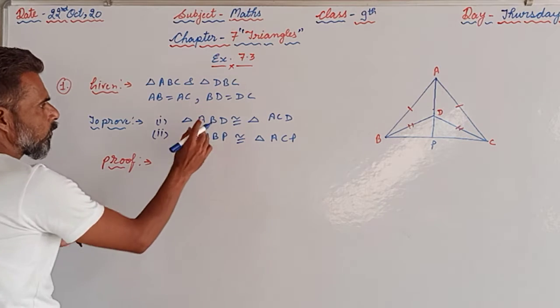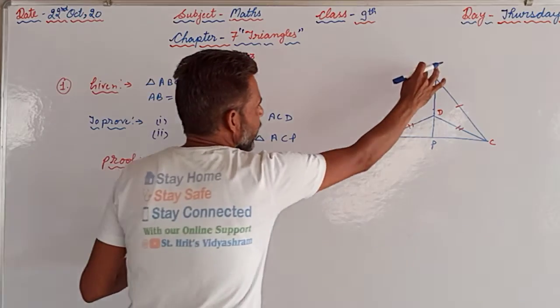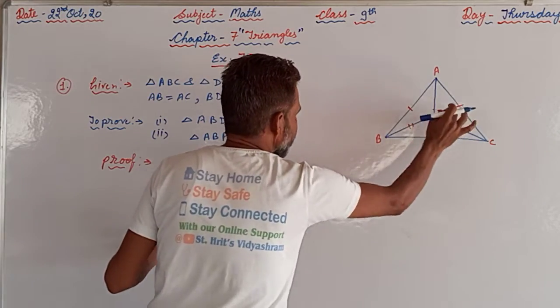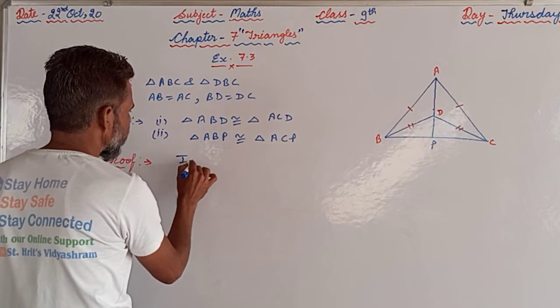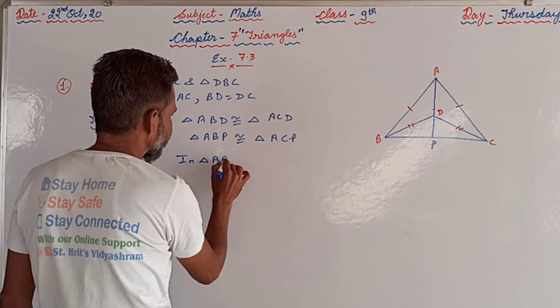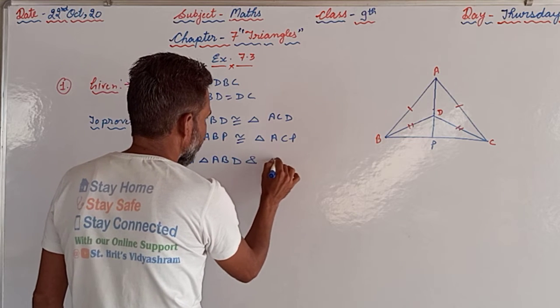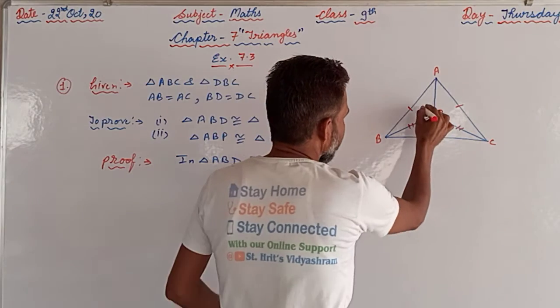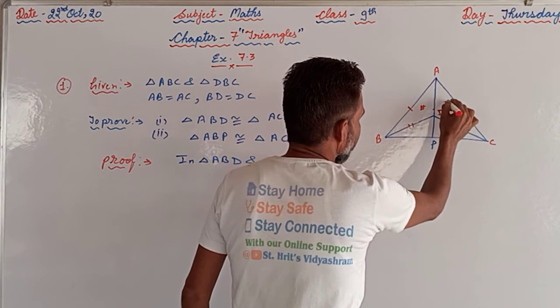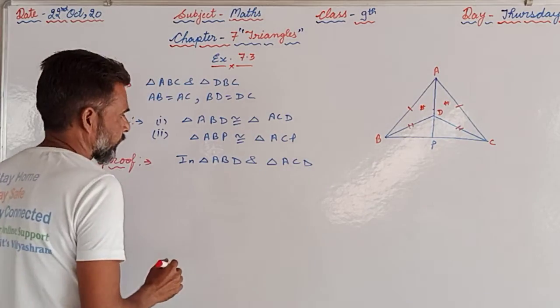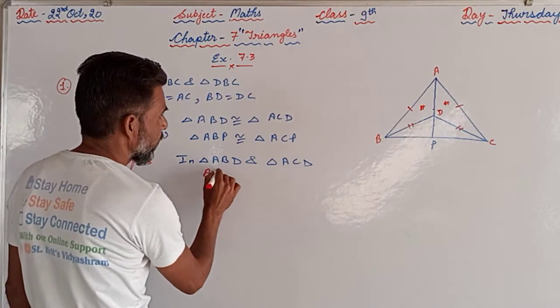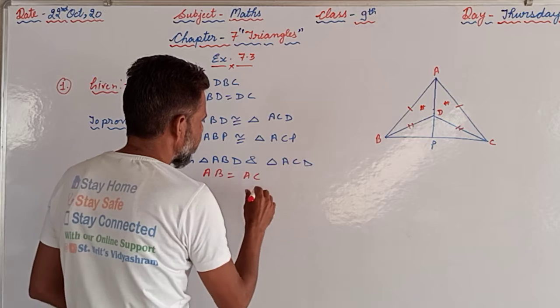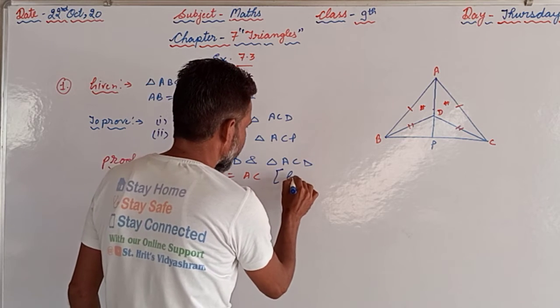Which triangles are we supposed to prove congruent? ABD and ACD. So we will compare these two triangles. AB is equal to AC, that is already given in the question.